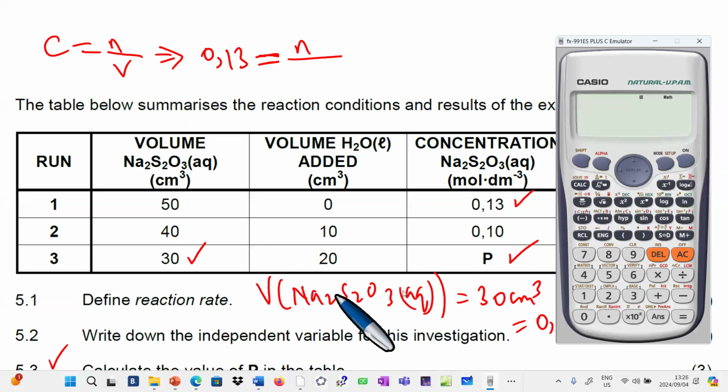So we have the 30 divided by 1,000, 0.03.